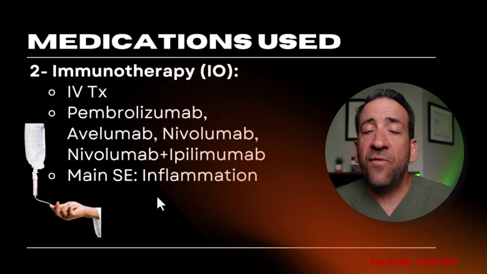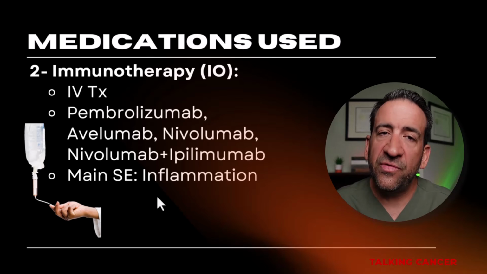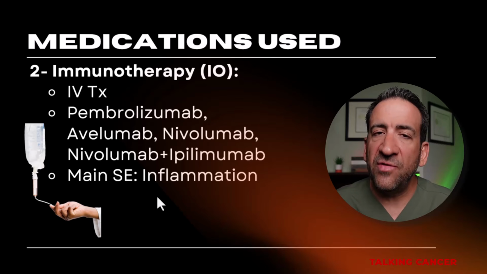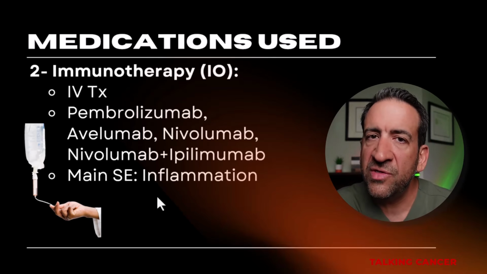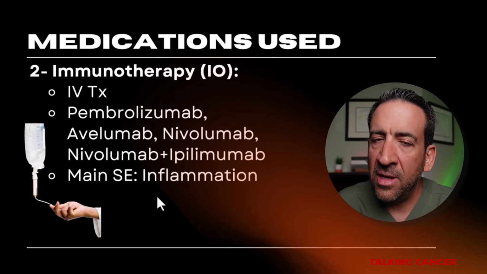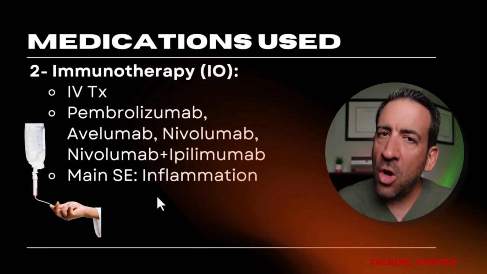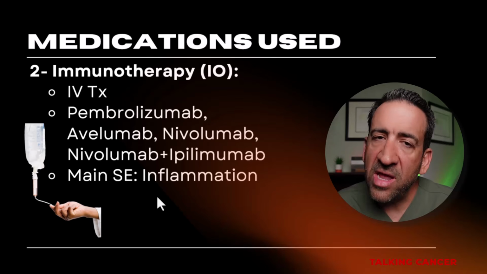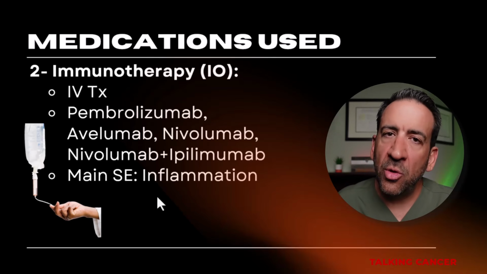And just know that overall, these medications boost your immune system, but in doing so, your immune system may cause inflammation. So for example, if it causes inflammation in your lungs, it can cause a pneumonitis, and that can cause a lot of coughing. If it causes inflammation in your colon, it can cause a colitis, resulting in a lot of diarrhea. And again, it can cause inflammation in multiple organs.